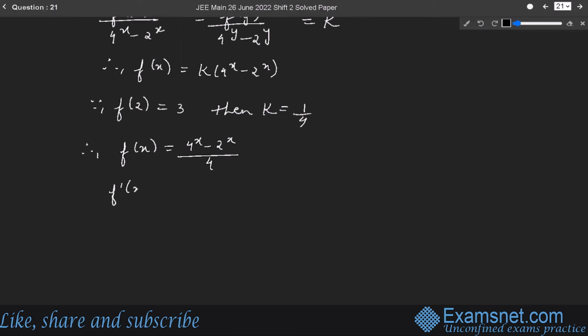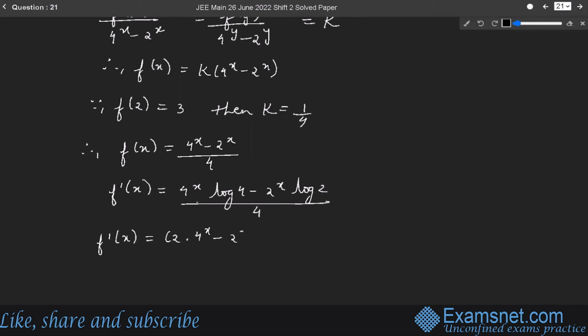Now, f dash x will be equal to (4 power x log 4 minus 2 power x log 2) divided by 4. So, f dash x will be equal to (2 into 4 power x minus 2 power x) log 2 divided by 4.